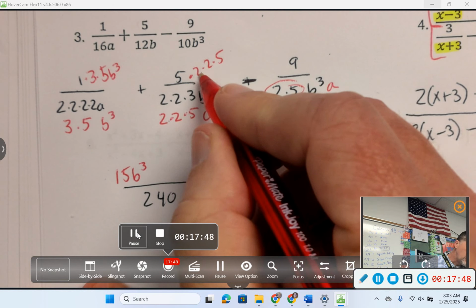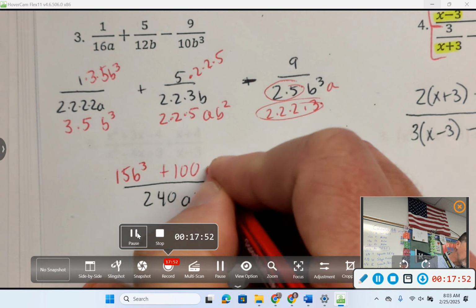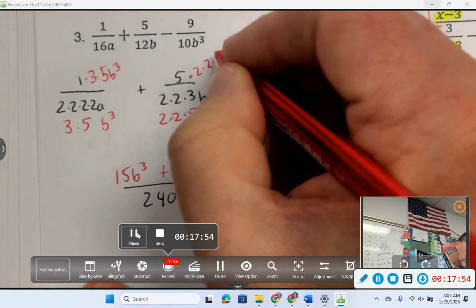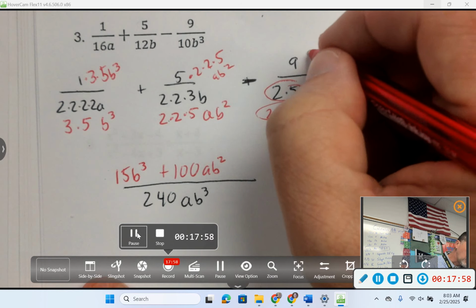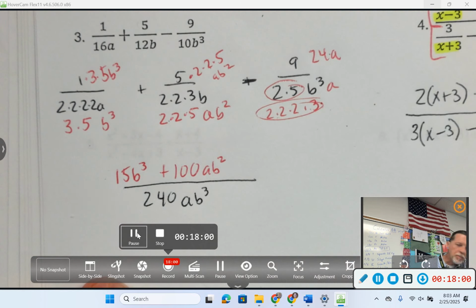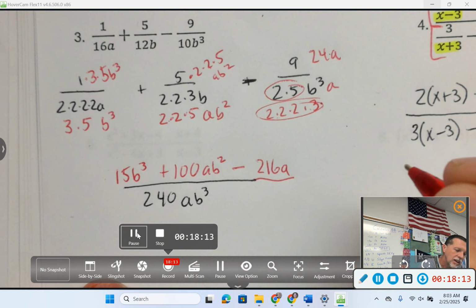So 4 times 25, that's 100. So 100 AB squared. And then 8 times 3 is 24. This one doesn't need an A. 9 times 24. The 240 minus 24, 216. 216A.